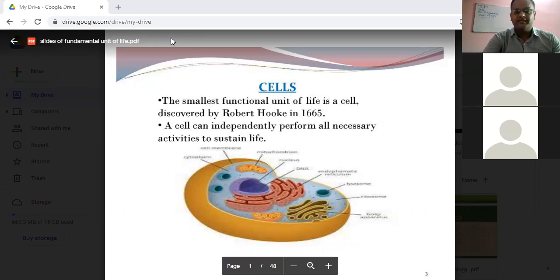This is the cellular hierarchy, and hence we can say that definitely the cell is a structural and functional unit of life.